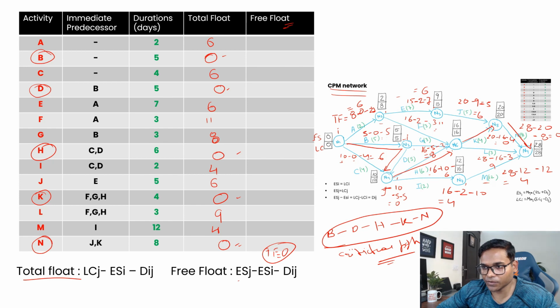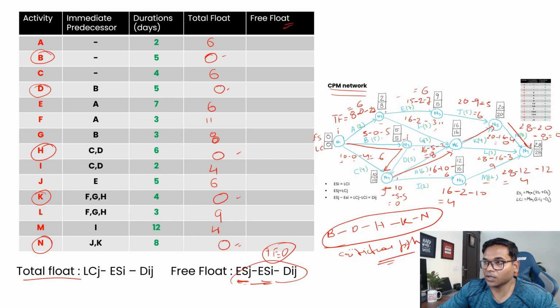Now for the free float, the formula is early start of the current minus early start of the previous minus duration, simple. Let me just choose another color. So let's make early start.